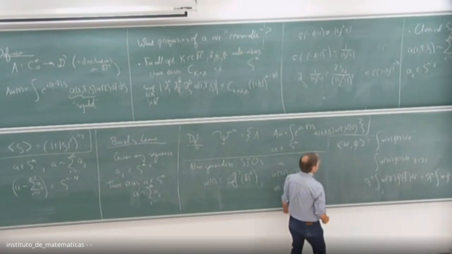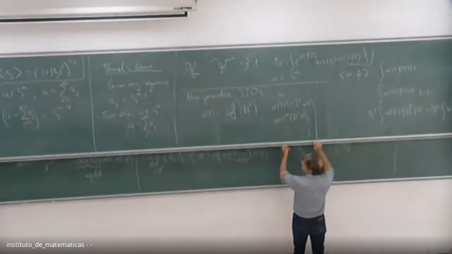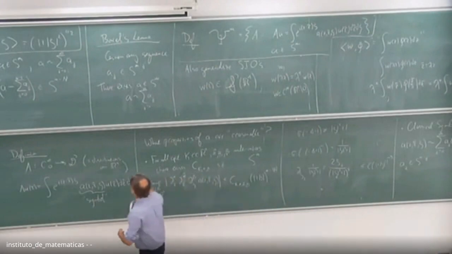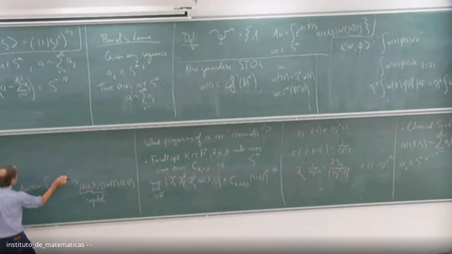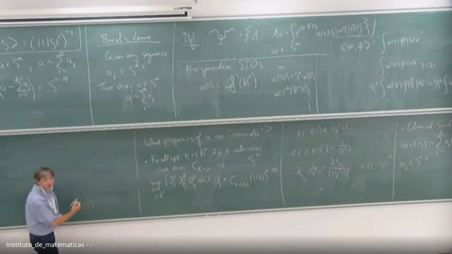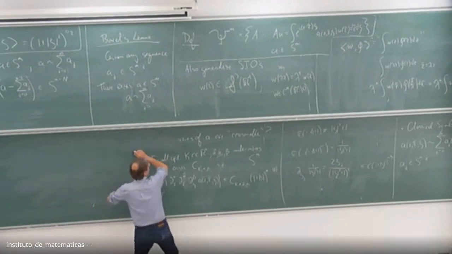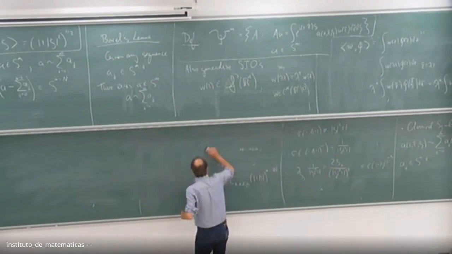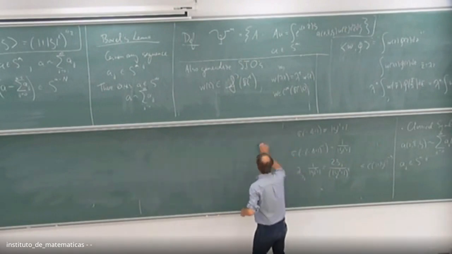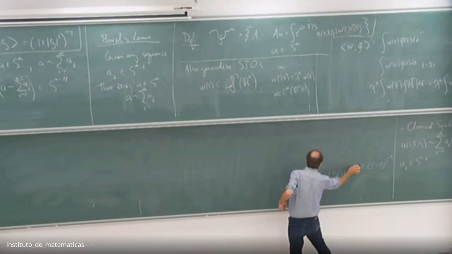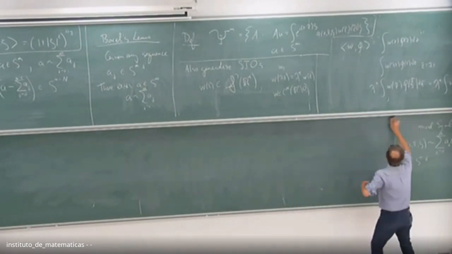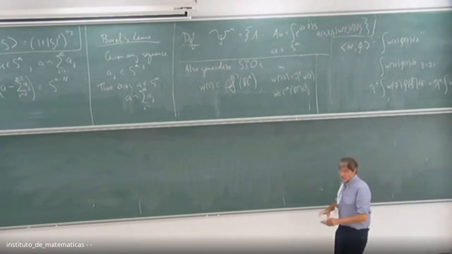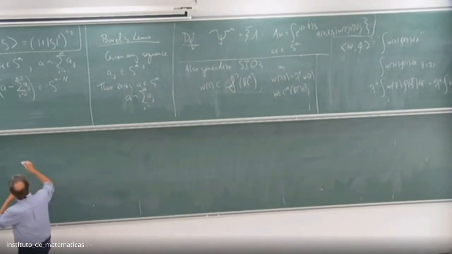Well, no, it doesn't quite make it clear, but one does a little exercise and gets the following fact: if I have a distribution which is homogeneous of order a, then its Fourier transform is also homogeneous, but of dual order.